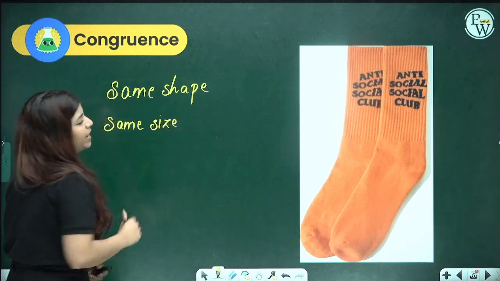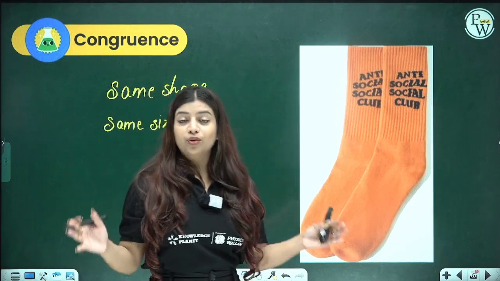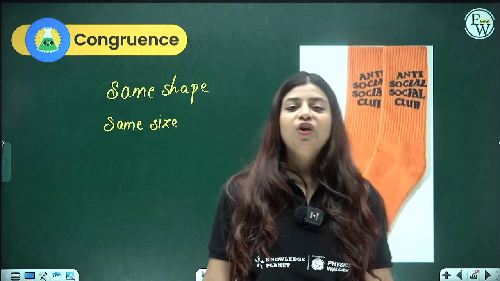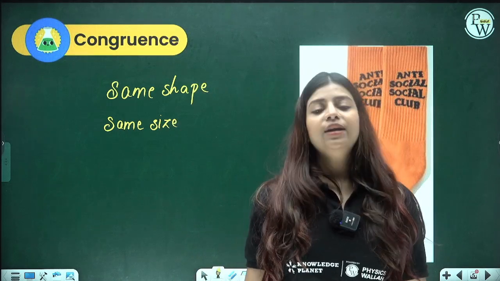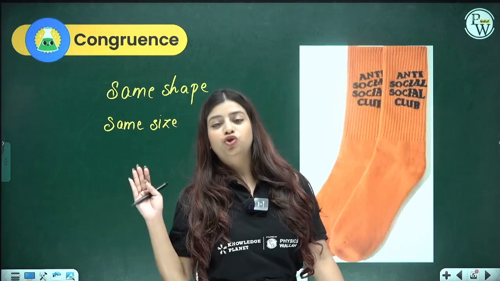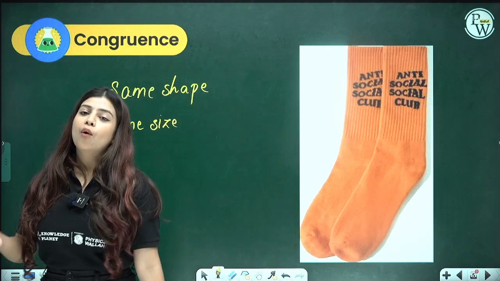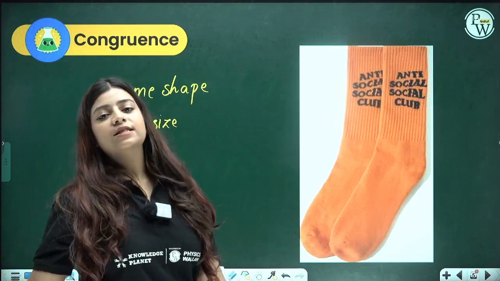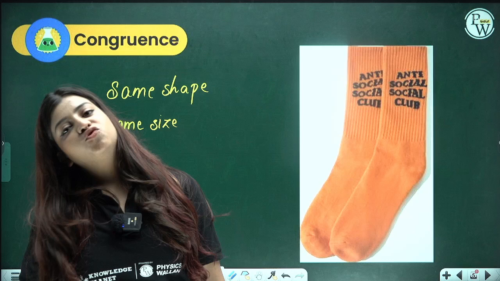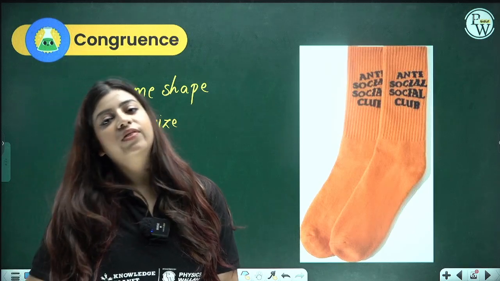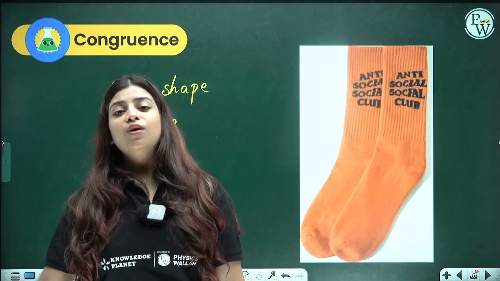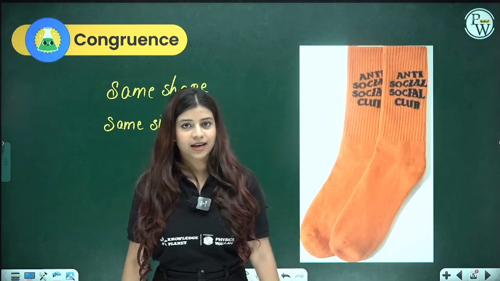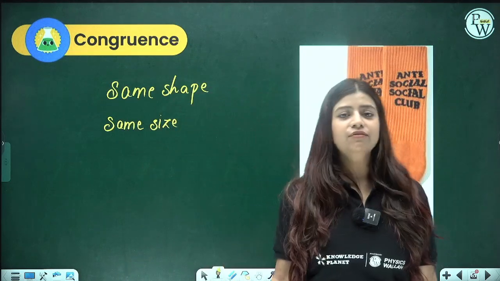So what makes two objects congruent? Two objects are said to be congruent when they have the same shape and also the same size. So triangles are said to be congruent when they have the same shape and the same size. These are the two things that we have over here.